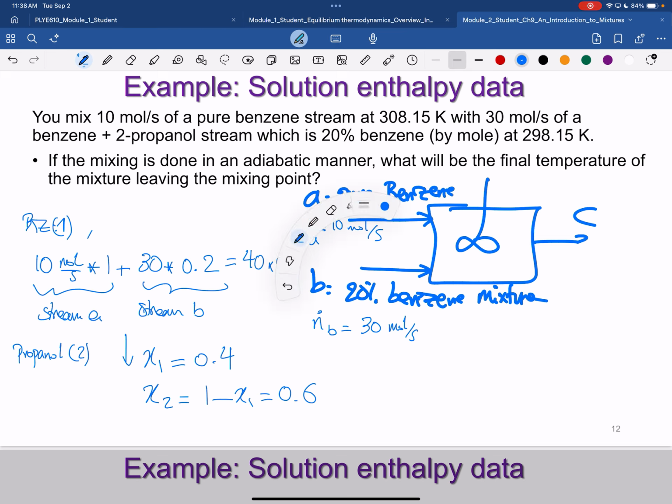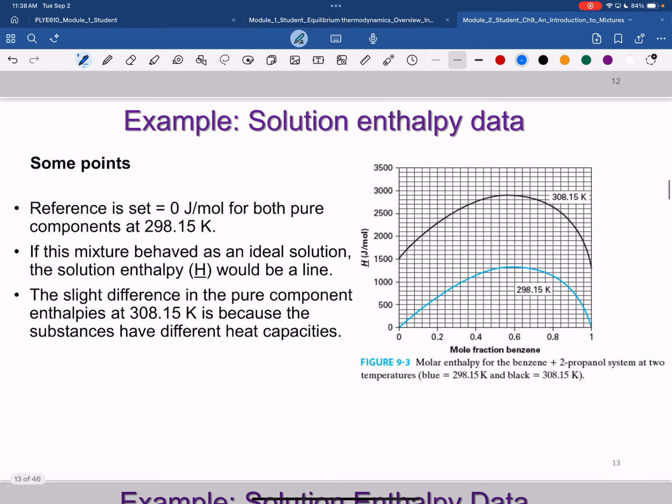We need to have more information, right? I cannot talk about temperature as long as I have nothing about the energy of the system, pure component, and also the mixture. So in this particular example, what we have also is the curves.